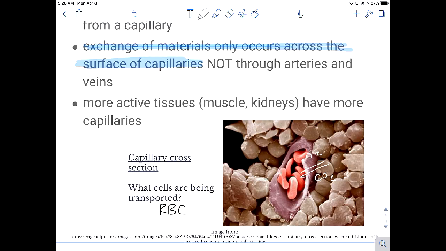Also, any sugars that you're carrying around, or any other molecules, amino acids, all of those products that you were carrying in the plasma, those are all being transported at this point when you're in the capillary to the tissues around it.